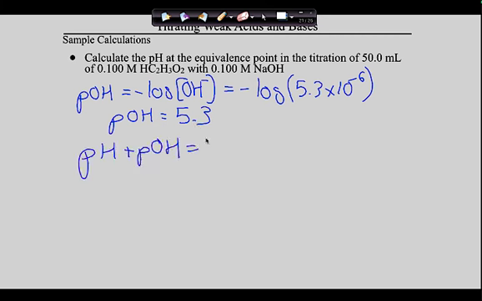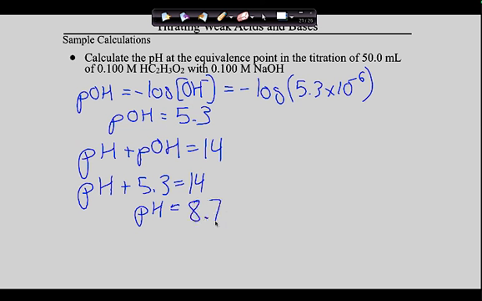Yes, you have to write down all these nitpicky equations. pH plus 5.3 is equal to 14, or pH is equal to 8.7.